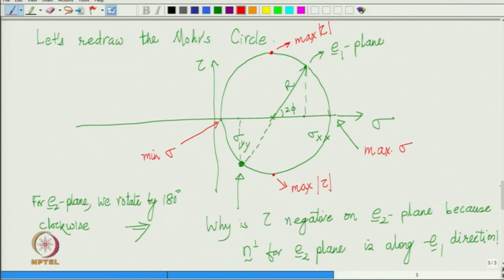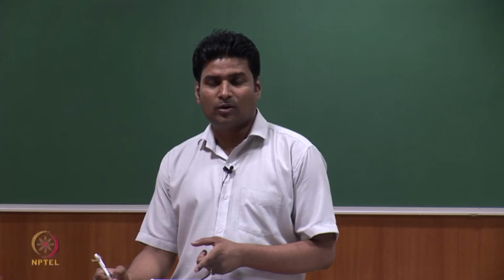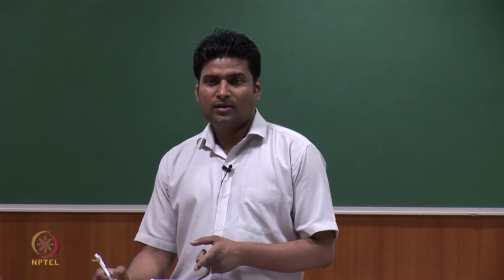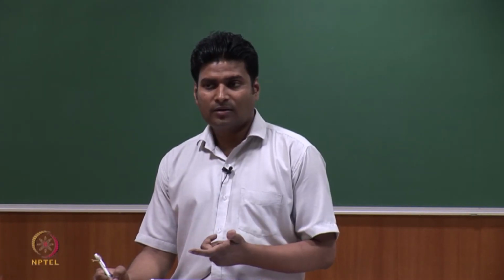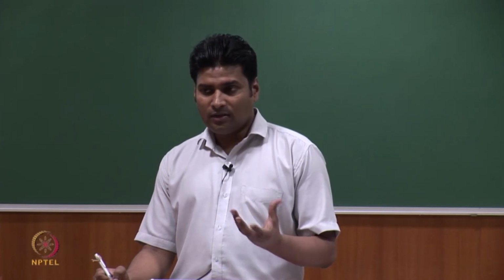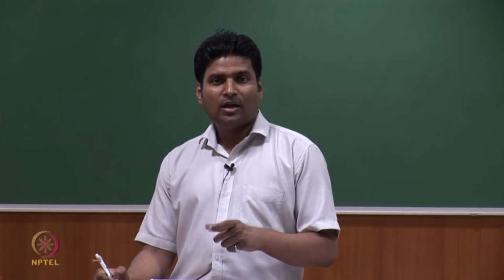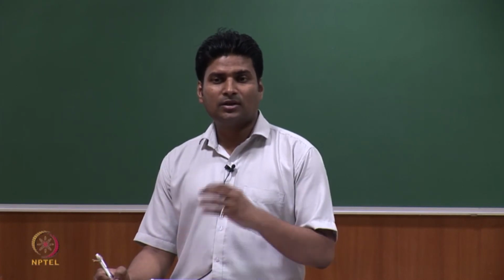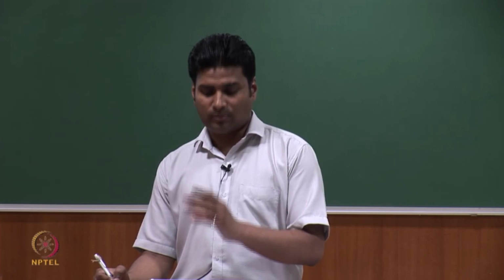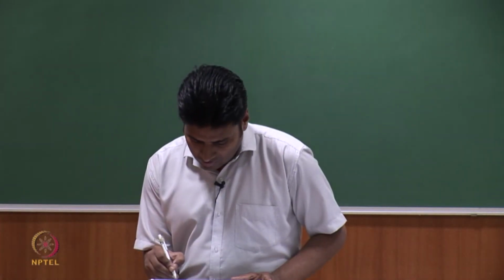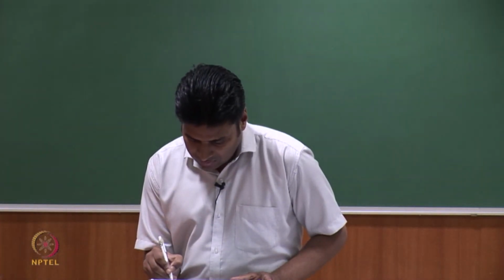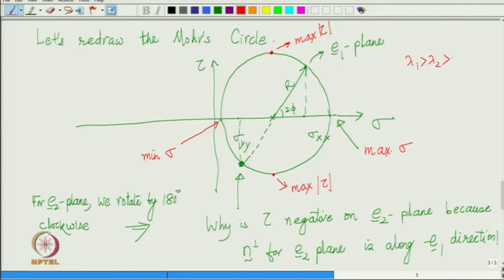So, what is lambda 1 then in this case? The maximum sigma. Suppose that the principal stress components are lambda 1, lambda 2, lambda 3, and arrange them in a fashion such that lambda 1 is greater than lambda 2, greater than lambda 3.